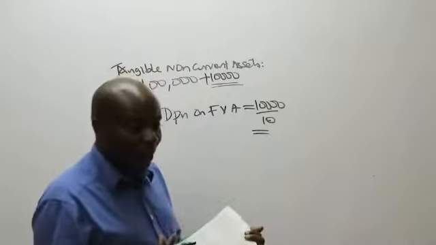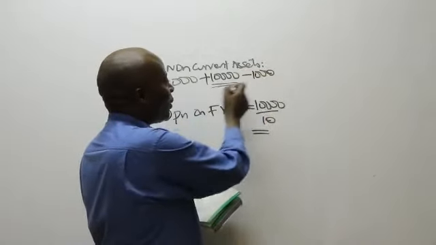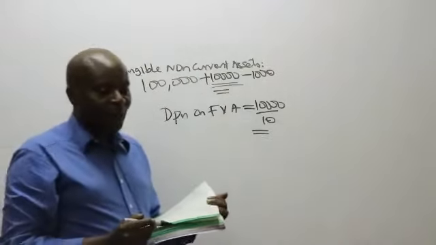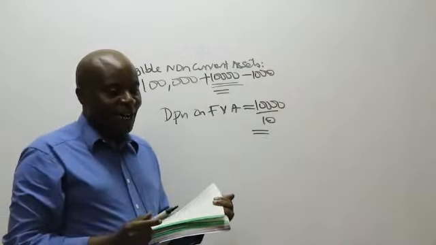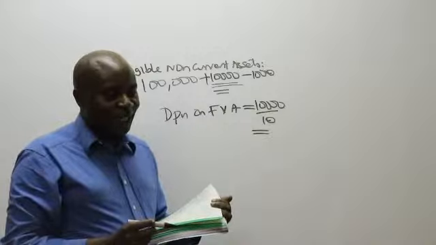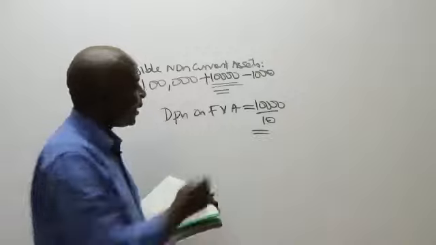These are reduction in value, so I'll say minus 1,000. So 100,000 plus 10,000 minus 1,000 will give me what figure? 109,000. Thank you very much.